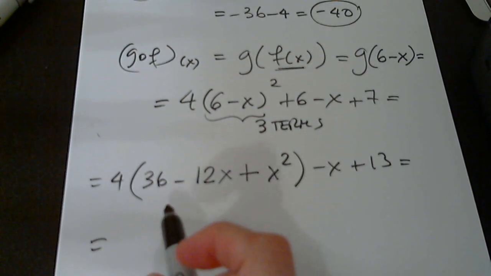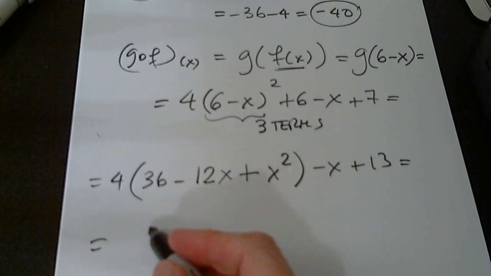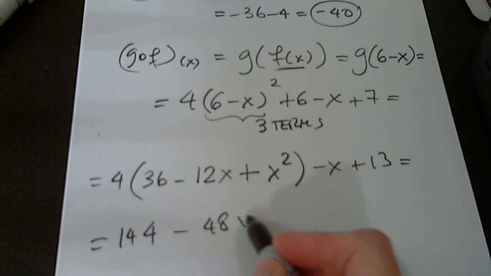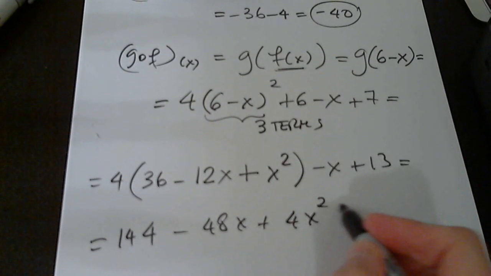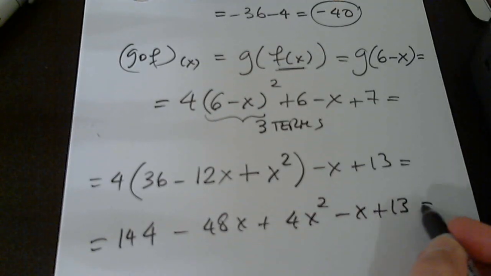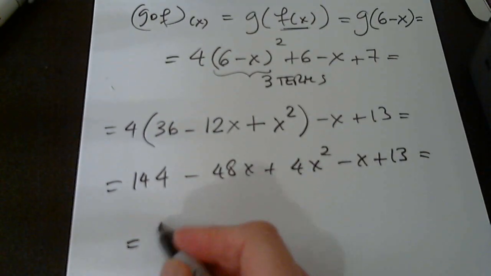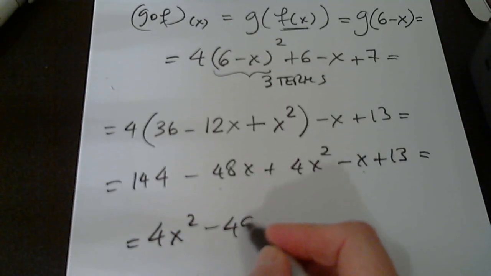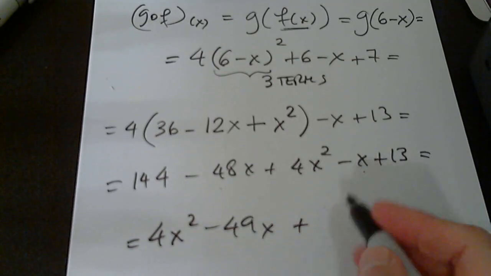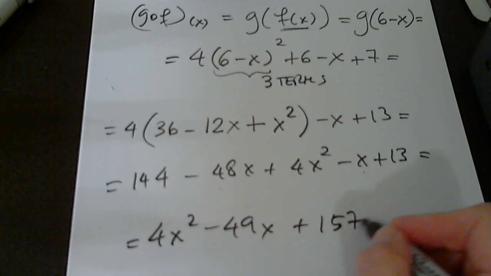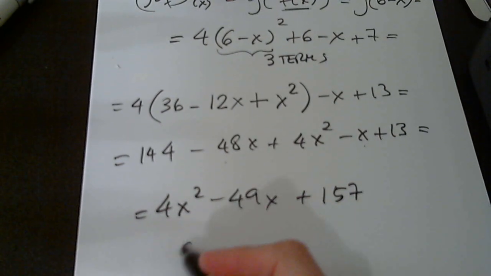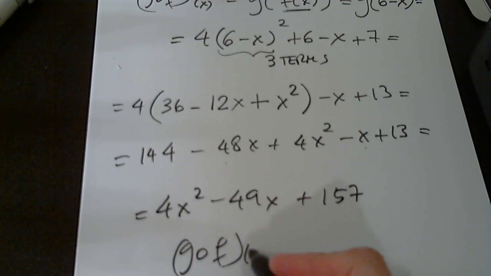Now I distribute. I think it's 144 minus 48x plus 4x squared minus x plus 13. In descending order, 4x squared first, negative 49x plus, I think it's 157. What is this? G comp f. They also want g comp f of 3.